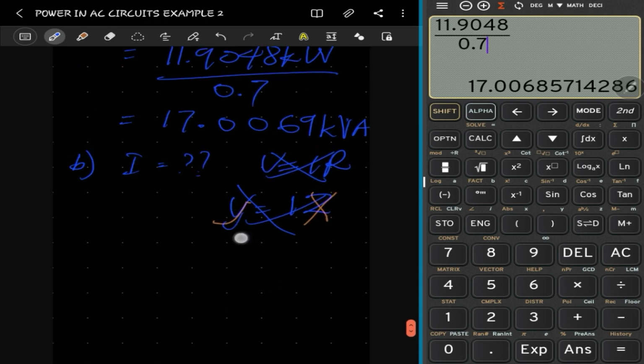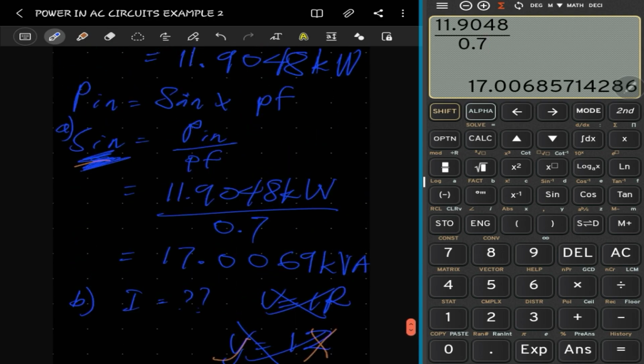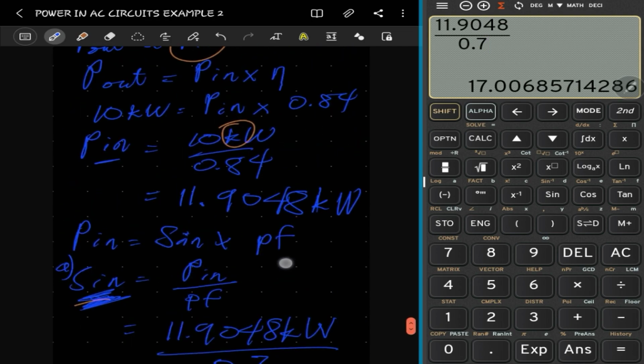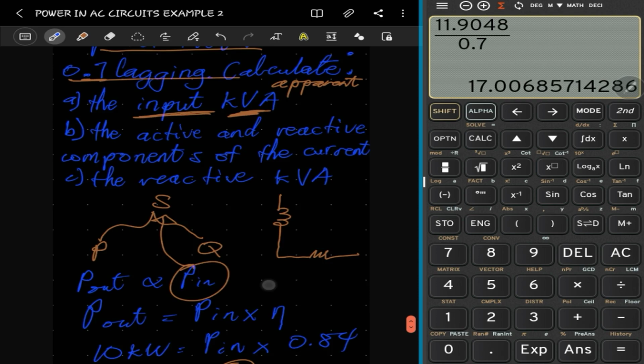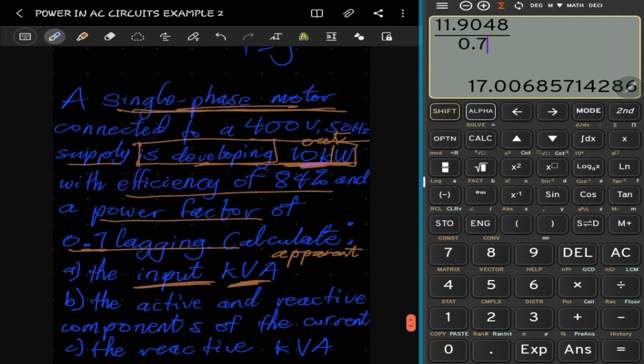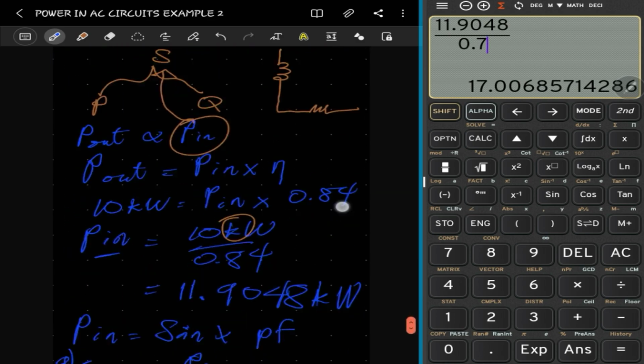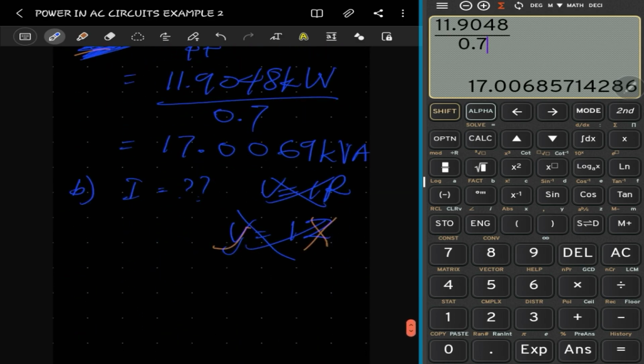Because we have this, there's no other value that we have now to find that, right? We don't even have an S output, because it says it's developing, so we don't have the S output. We only have this, and we use that to find the S input. So the power input, right?